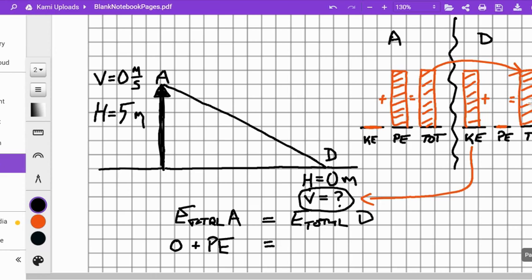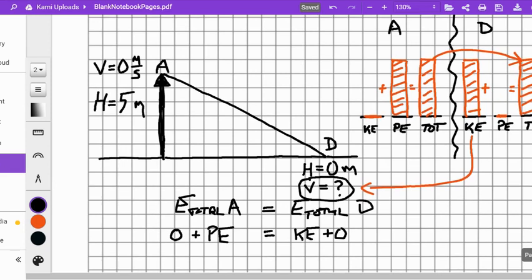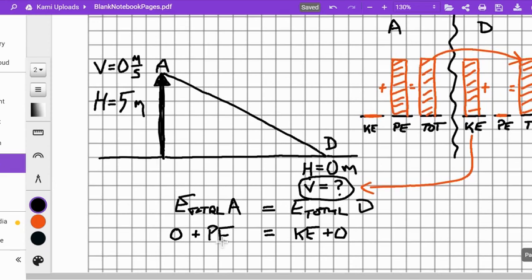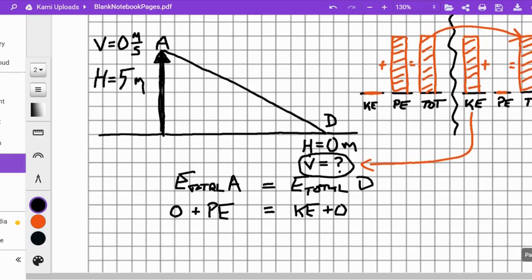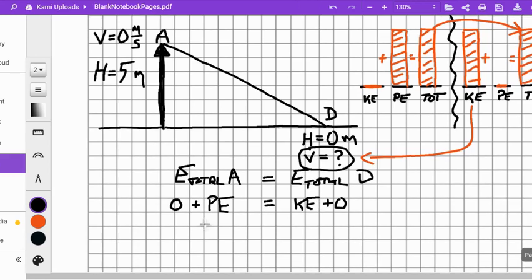And then if I look at the D part, I can see that I do have kinetic energy at D. So I do have KE, but I do not have potential energy, so I'm putting a 0 there. And that's it. All right. And so my potential energy at A is equal to my kinetic energy at D. And so now what I can do is just plug in formulas.